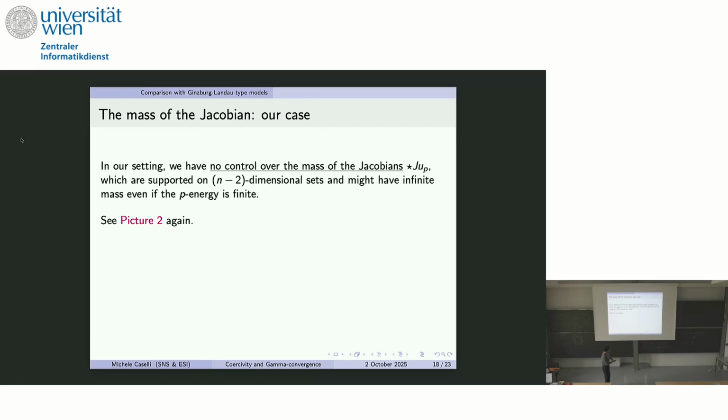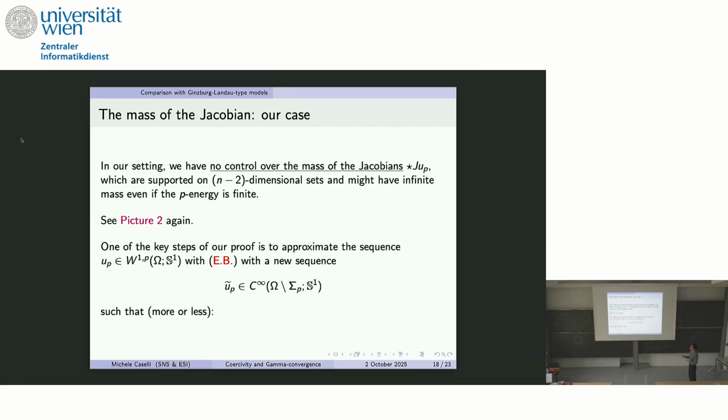So if you look at picture 2 again, in 2 dimensions, where the mass of the Jacobian is the number of points, I can have infinitely many for each fixed p. So the setting here is different because I have no control over the mass of the Jacobian a priori. For every p, the mass of the Jacobians could be infinite, and you have to deal with this in some way.